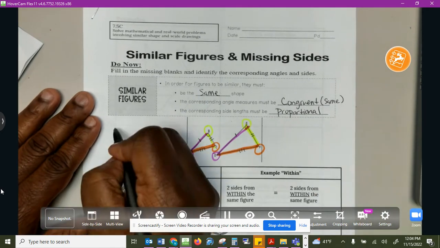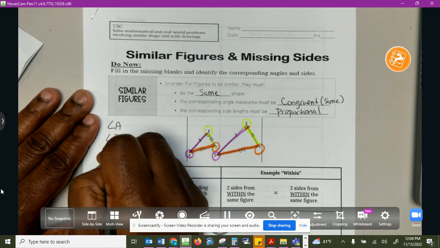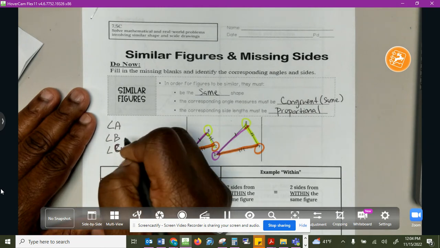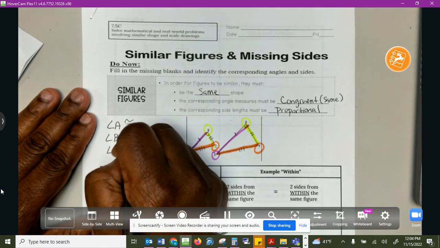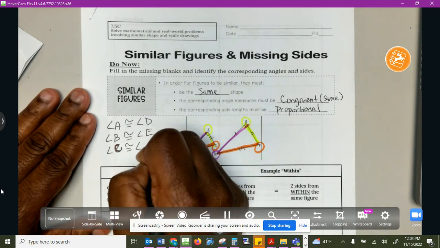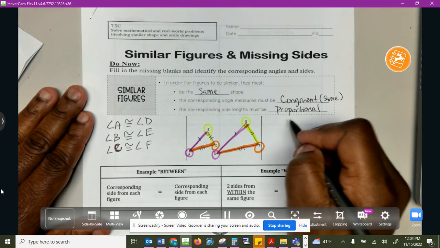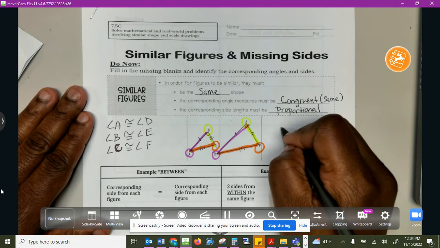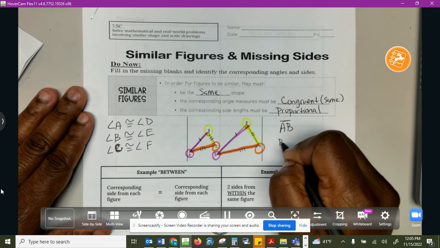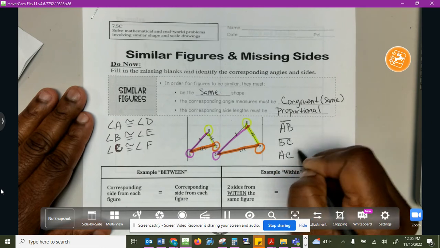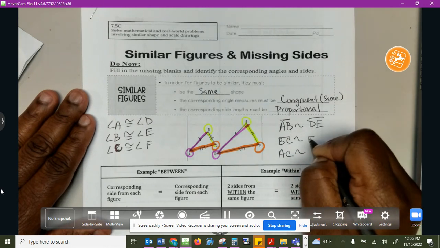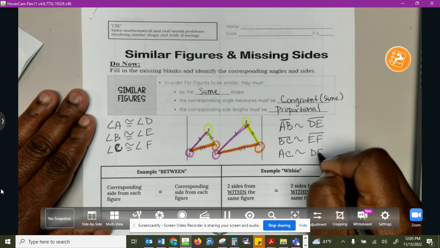And what that looks like as words or in math language: angle A, angle B, angle C, with the congruent sign, goes with D, E, F. And for the sides, we can say AB, BC, and AC are similar to DE, EF, and DF.